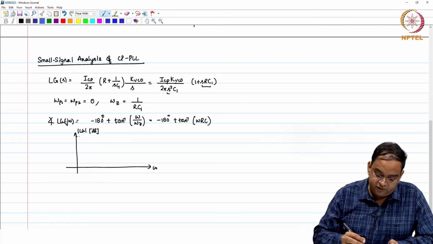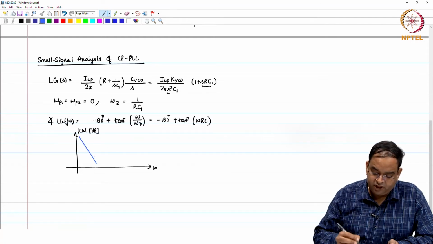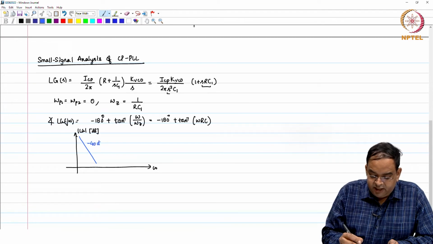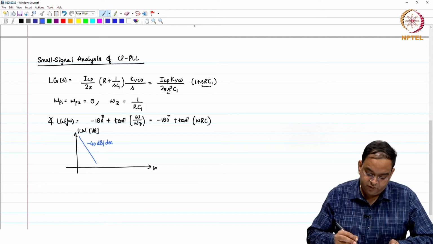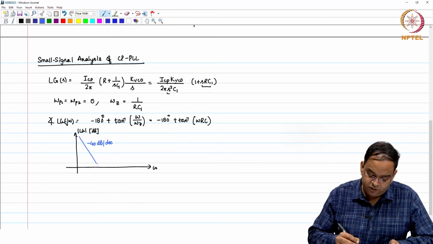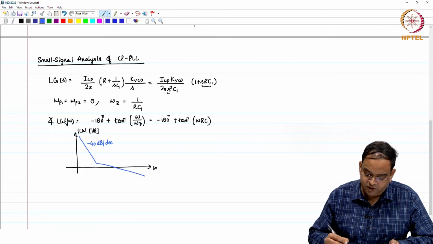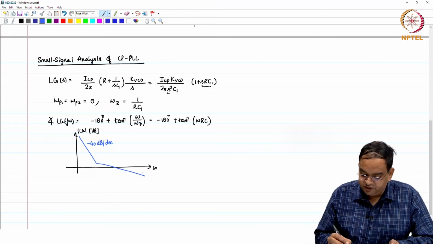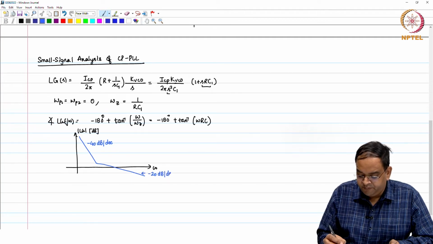So, you have minus 40 dB per decade starting from 0 frequency, and then you will have a 0, and based on the 0 this is going to be minus 20 dB per decade. Okay.